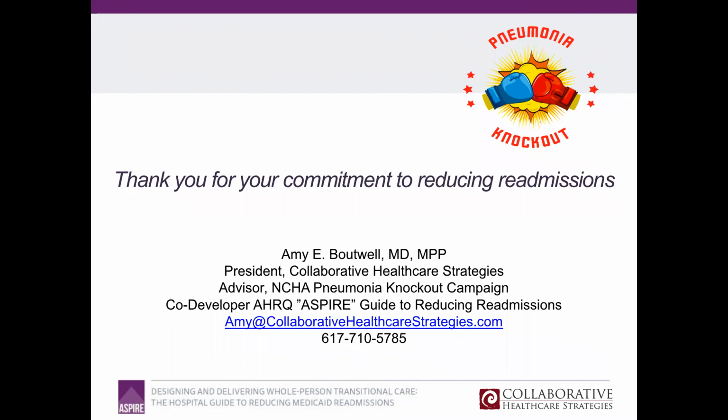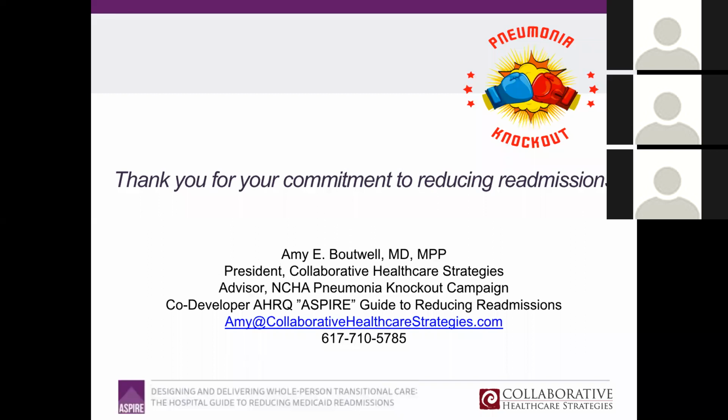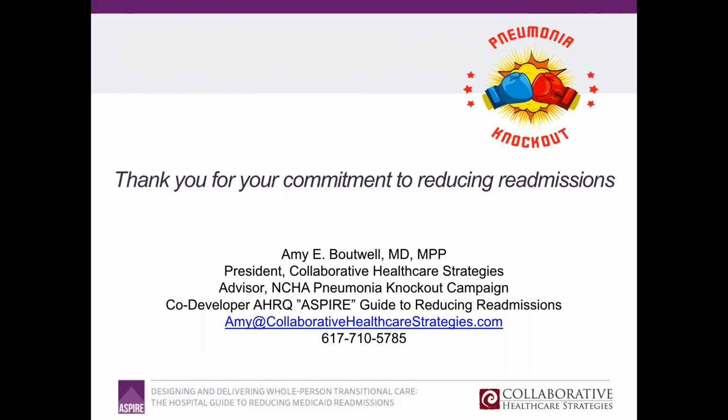But another hospital in the knockout pneumonia campaign might say, we really care about all patients with pneumonia, primary or secondary, in which case you would want to say that in your AIM statement. You would want to construct your data analysis accordingly, looking for all patients in the hospital leaving with a primary or secondary diagnosis. So take the same principles, but everything that I talk about, we always need to customize for our own specific readmission AIM statements. If you're focused on primary and secondary, put that in your AIM statement and conduct your data analysis accordingly.